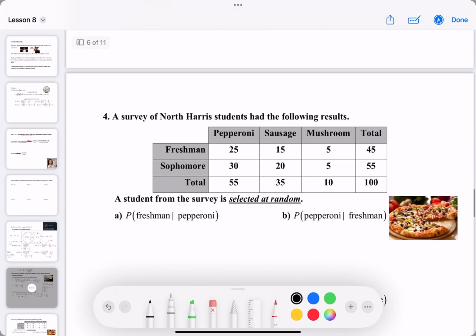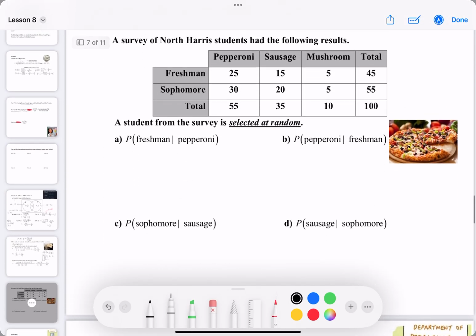Let's see next example. A survey of North Harris students has the following result. Okay, this question I'm going to use reduce the sample space because I don't have any probabilities here. I have numbers, all possible outcomes. So let's see. A student from a survey is selected.